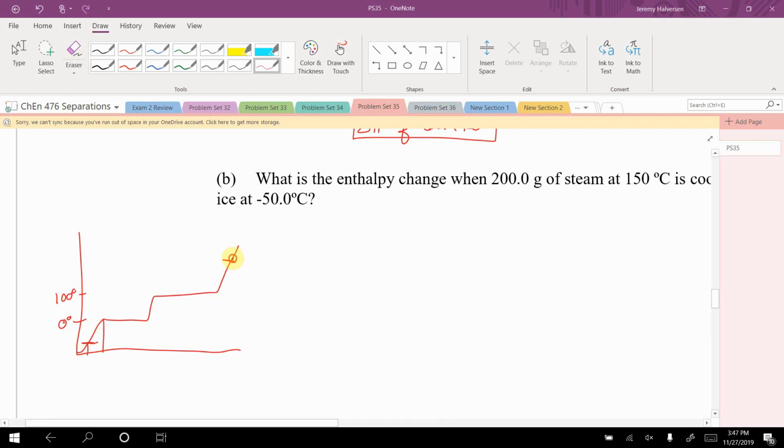So I have to cool down my steam to the boiling point, at which point it condenses, and then I got to cool down my liquid to the freezing point, at which point it freezes, and then I got to cool down my ice. So I'm going to have Q1, sorry, I should go the way we're going. Q1, Q2, Q3, Q4, Q5. So let's do it.